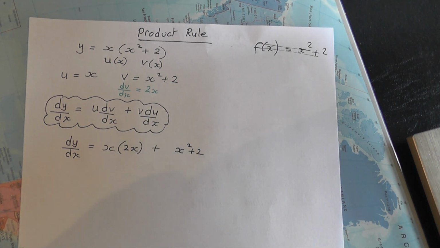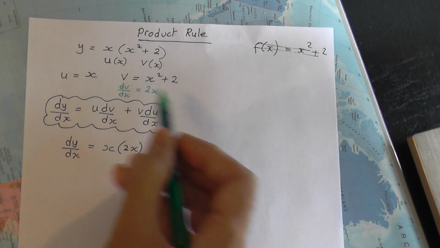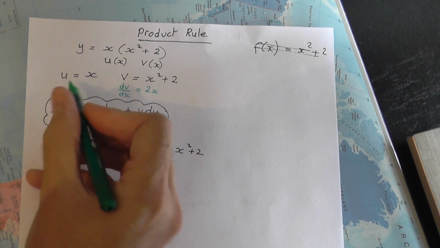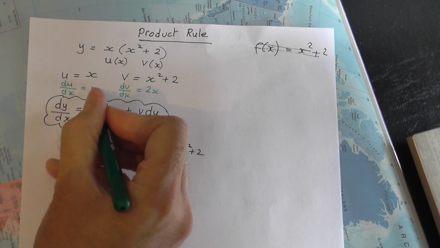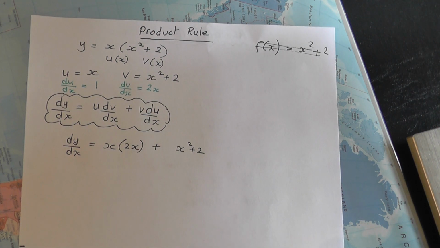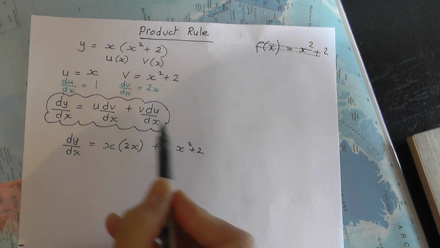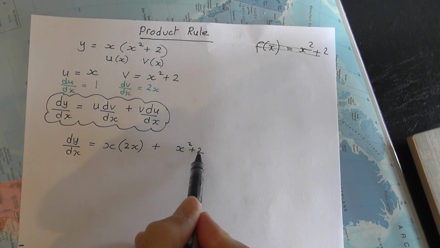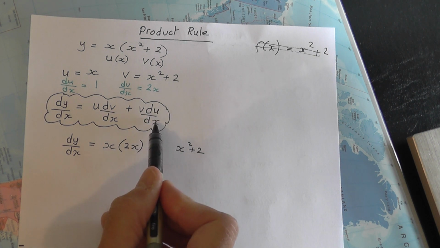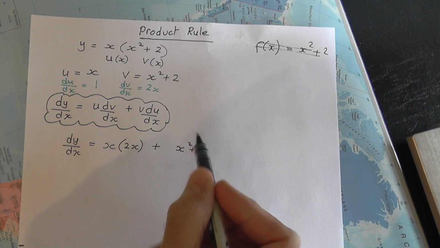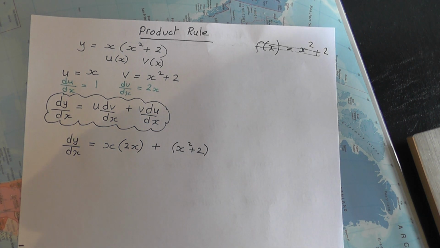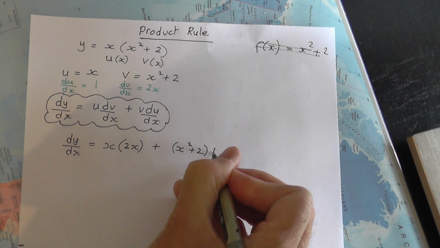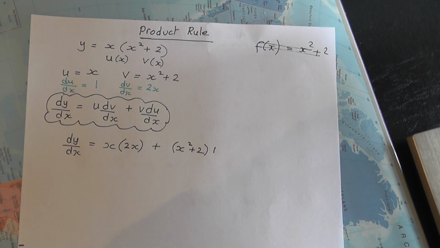Again, I'll go back to the green, and du by dx we get from this. u is the same as x, so if you differentiate that with respect to x, you get 1. So now, going back to the product rule formula, I take v, x squared plus 2, and multiply it by du by dx, which is 1. Because it's two terms, I need to put it all in a bracket because I've got to multiply the whole thing by 1. Okay, so there you go.